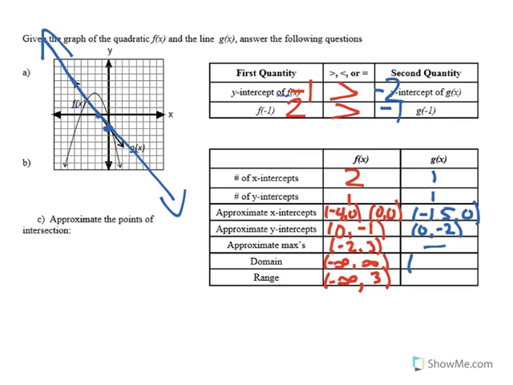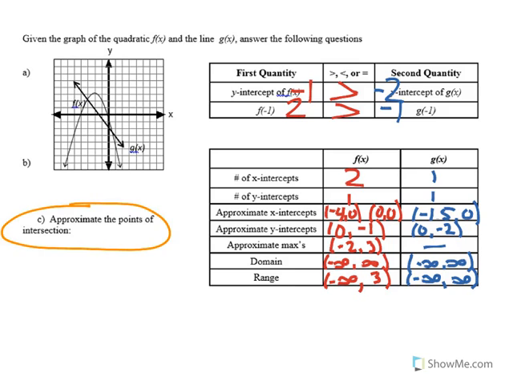Its domain is just like f of x. It goes forever to the left and forever to the right. And what's cool about the lines is its range also goes as low as it can go forever to as high as it can go. So negative infinity to positive infinity again. Now, one question over here I want to make sure we don't miss, letter C, says, what is the approximate points of intersection?